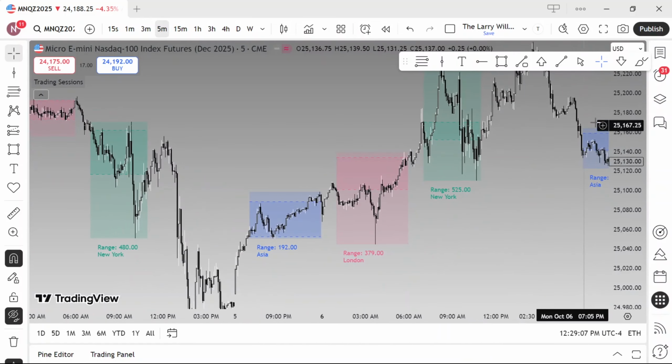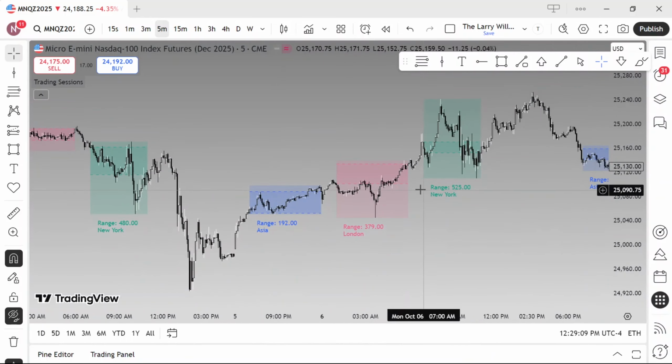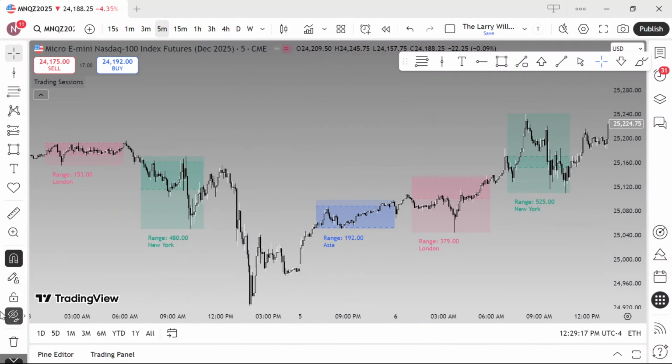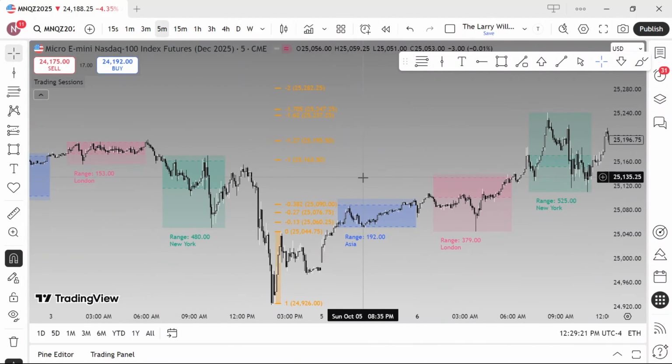Even if it's an extremely large range, you can still use the inside levels because price may work inside the CBDR instead of above or below it. So now I'll go ahead and turn on this so we can start to go over how I use time and price. The reason I have these sessions on is to highlight the AMD throughout the day.